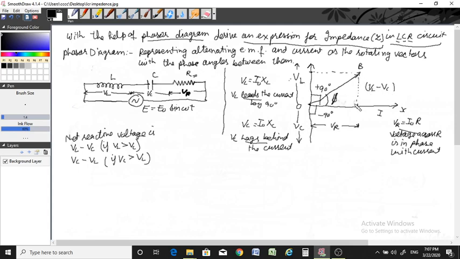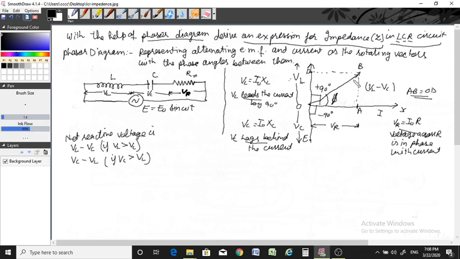and suppose this point is A, AB is equal to OD, and this point is E. Therefore, AB is equal to OD.